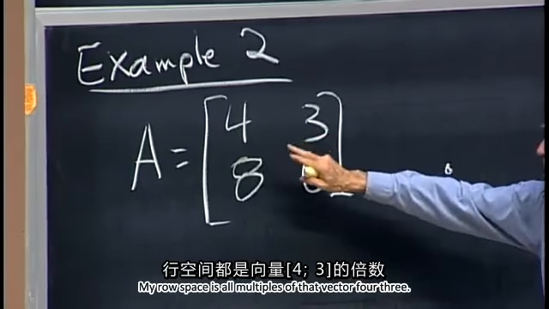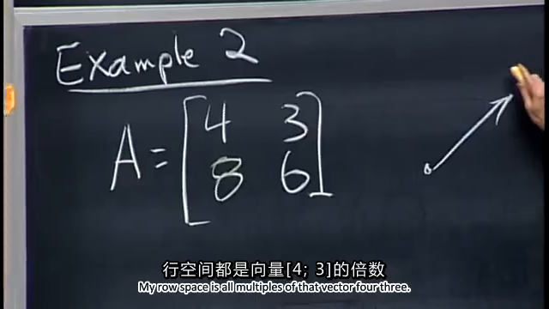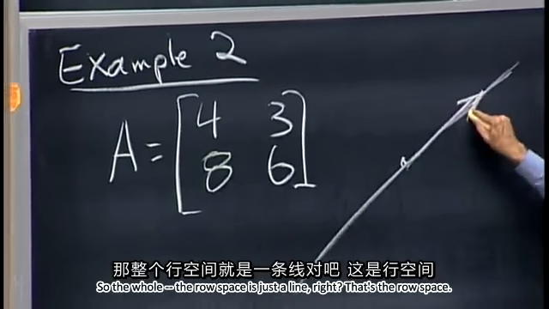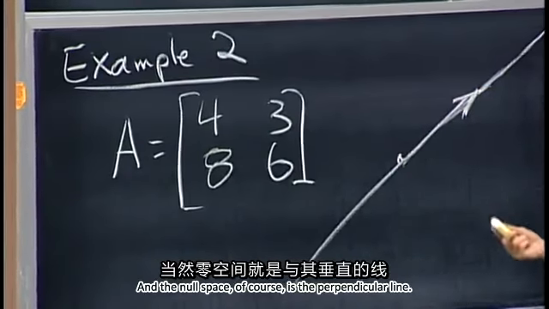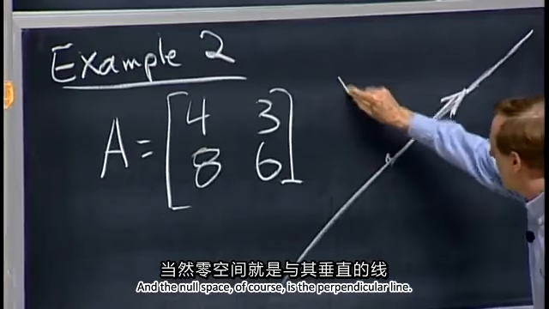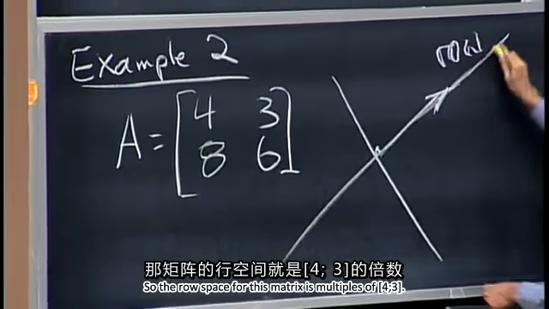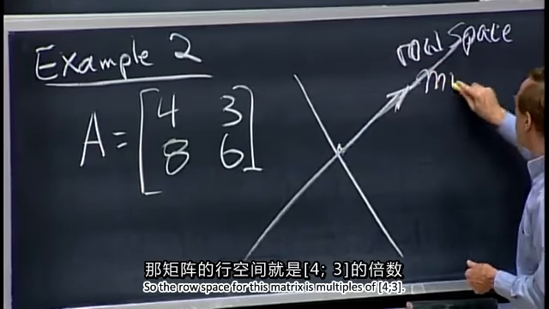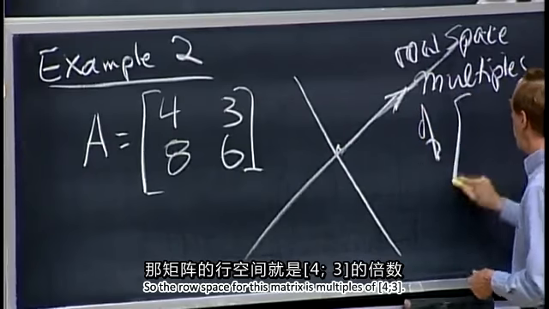My row space is all multiples of that vector 4, 3. So the row space is just a line, right? That's the row space. And the null space, of course, is the perpendicular line. So the row space for this matrix is multiples of 4, 3.